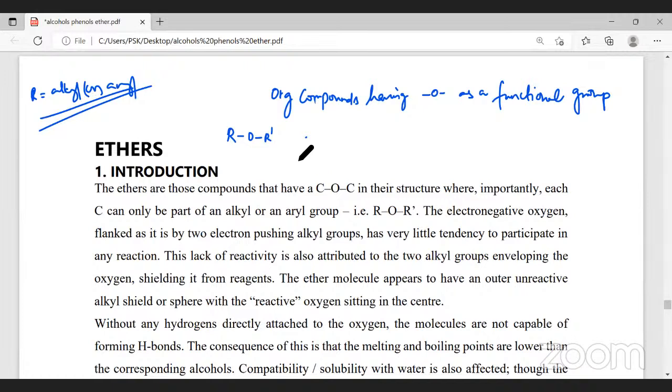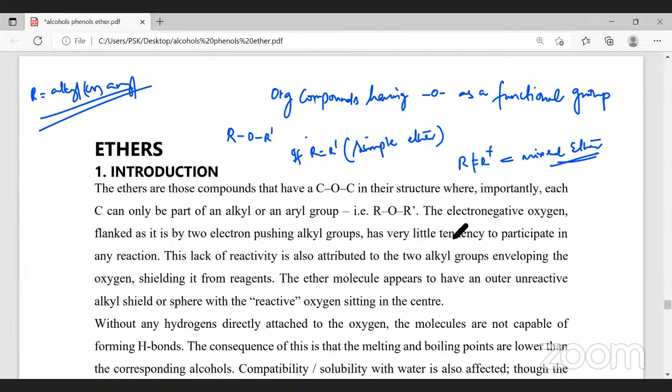Now, if R is the same as R', then it will be called a simple ether. And if R and R' are not the same, then it's called a mixed ether.